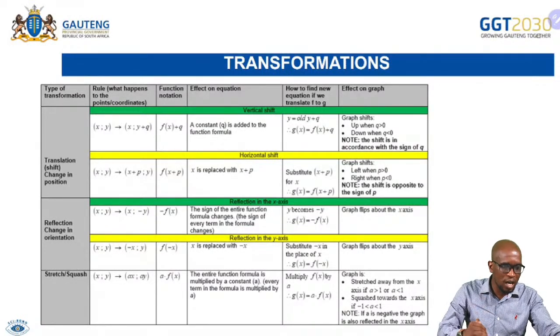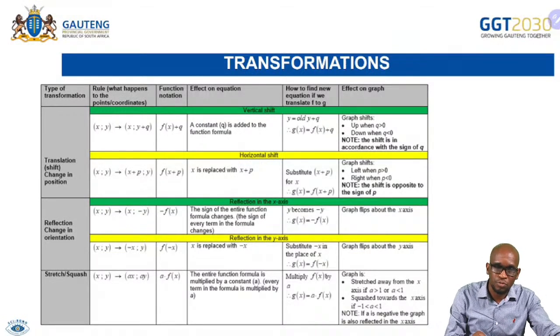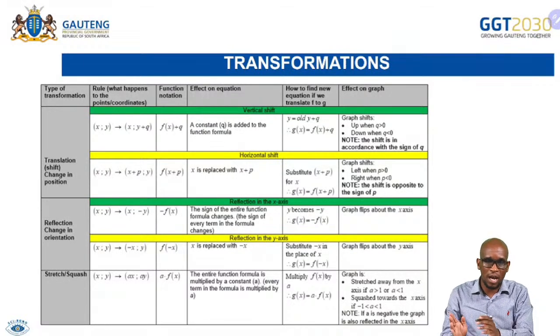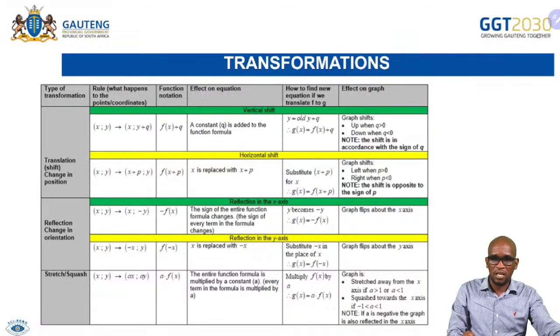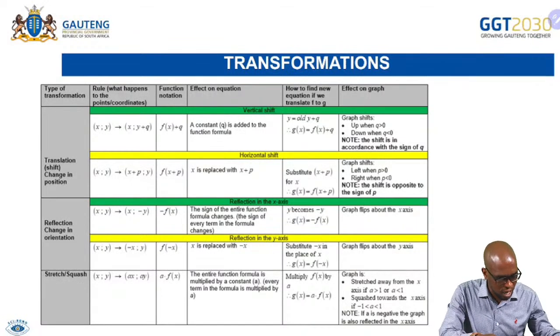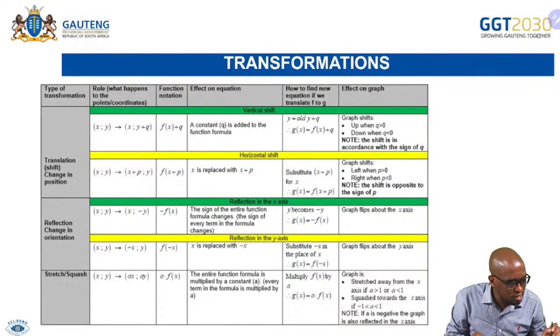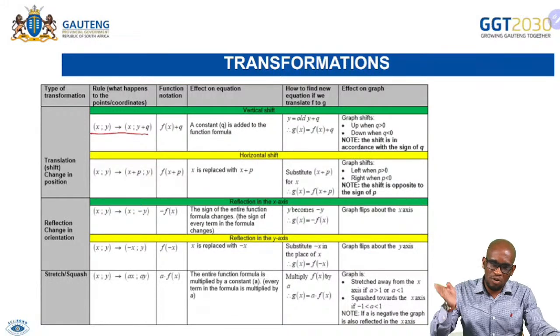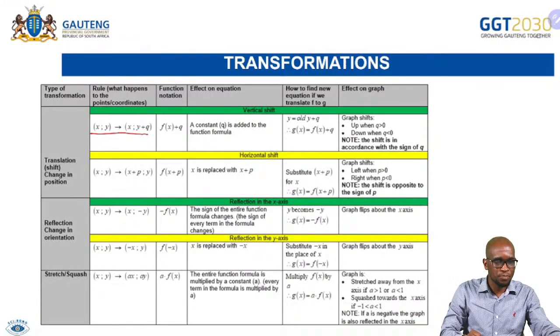So upward and downward movement is governed by the value of q. Or you'd be moving the point to the left or to the right, and that would be governed by the value of p. Now, looking at this table, if you want to translate any point given by x, y vertically, you leave x as it is, but to the value of y you add q because the graph moves upwards.